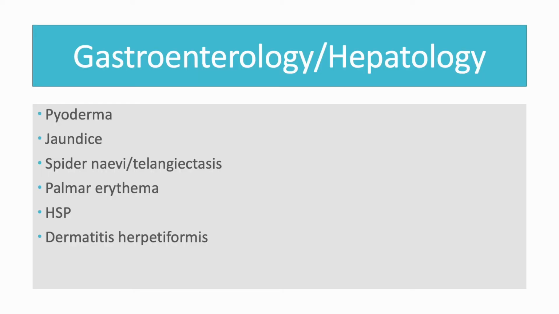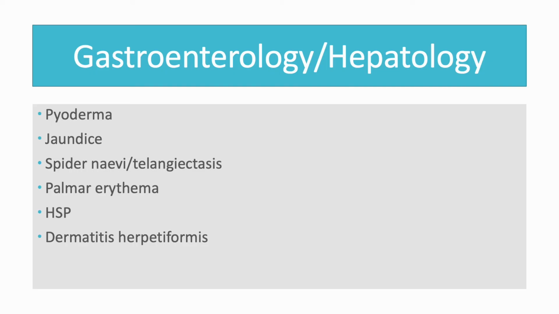There are some important skin conditions that occur within the arena of gastroenterology and hepatology. So pyoderma gangrenosum, we not uncommonly see in the setting of inflammatory bowel disease, Crohn's disease. Obviously, jaundice may present with yellowing of the skin. Chronic liver disease may produce spider nevi, telangiectasia.